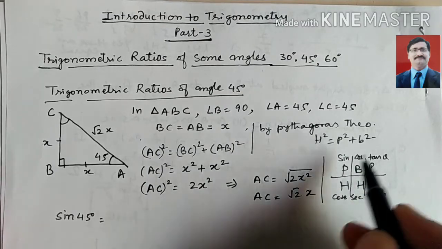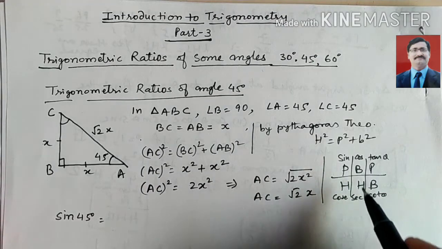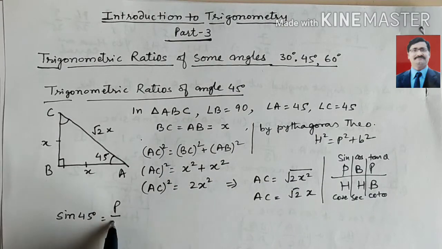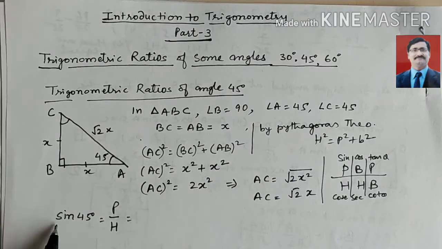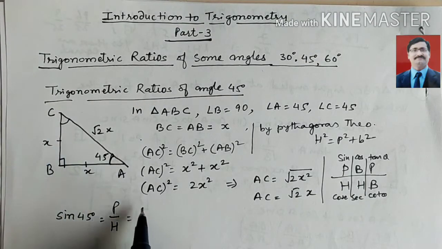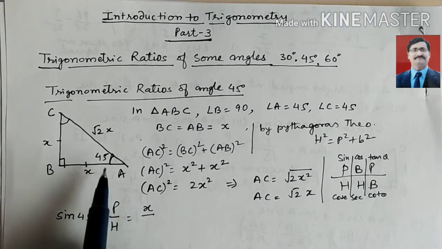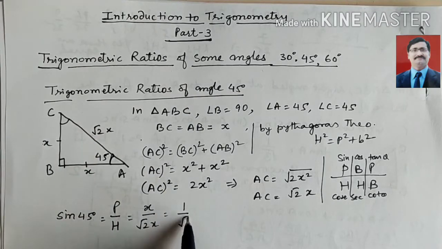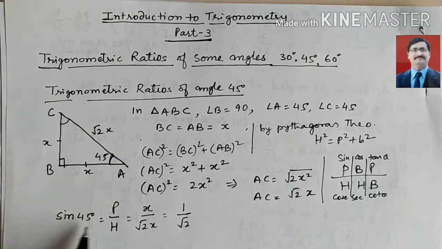You know this very well; we have done this part. Sine theta is perpendicular upon hypotenuse. Look here, sine 45, this angle is 45, so perpendicular is X and hypotenuse is root 2 X. X you can cancel, you get 1 upon root 2. So the sine 45 value we get is 1 upon root 2.